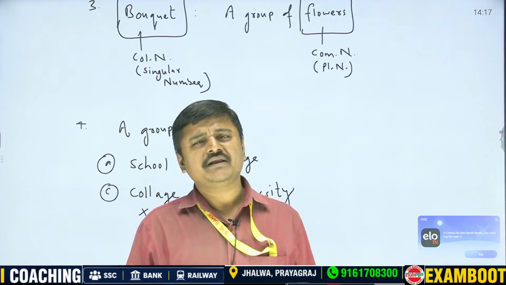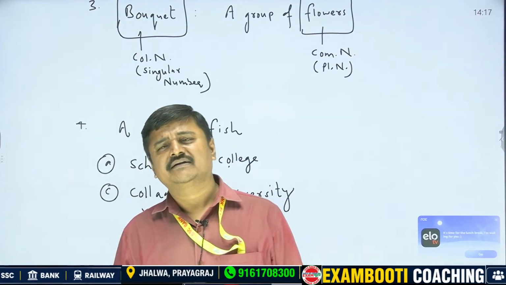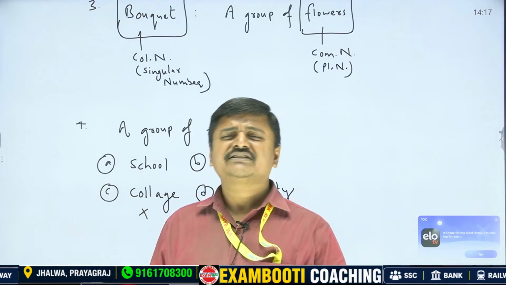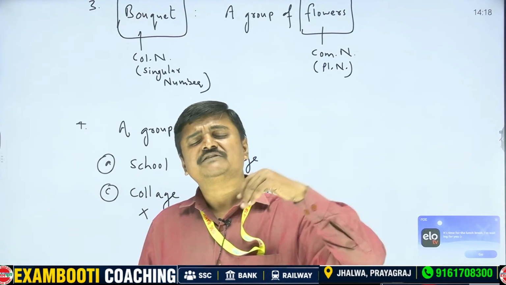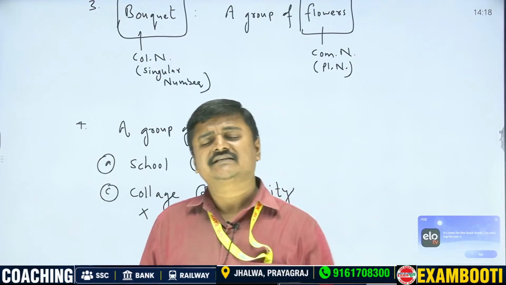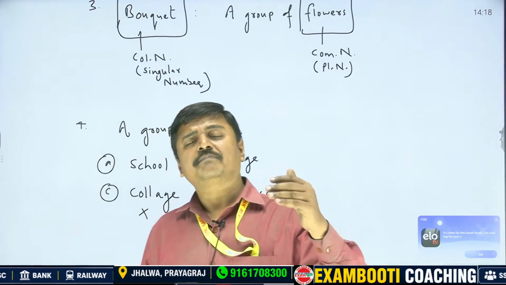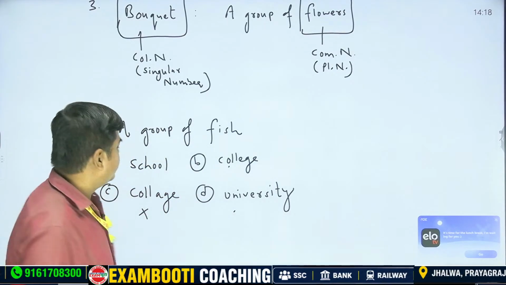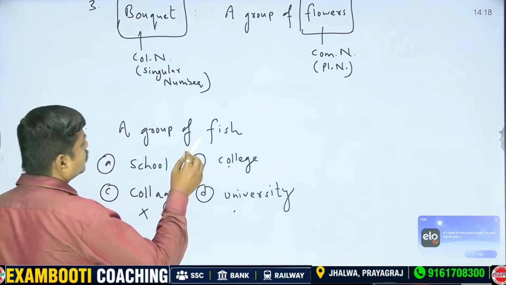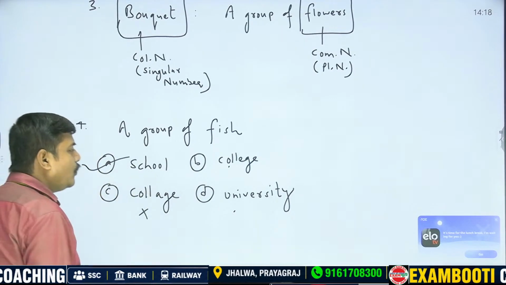There are so many aspects of a word. A word changes its meaning when the part of speech of the word is changed. When the meaning of a particular word is changed, the part of speech changes as well. So here, for a group of fish, the correct answer is school.